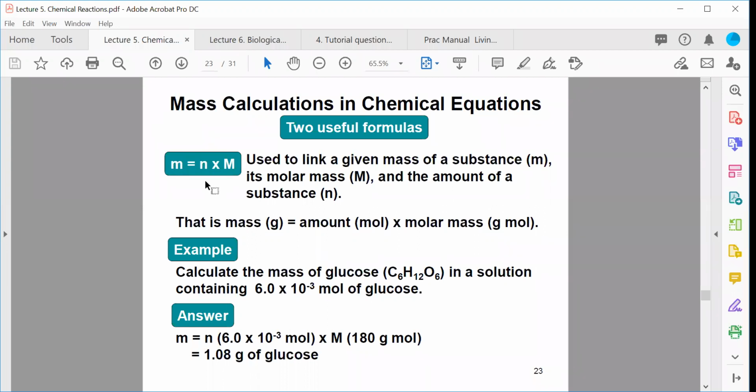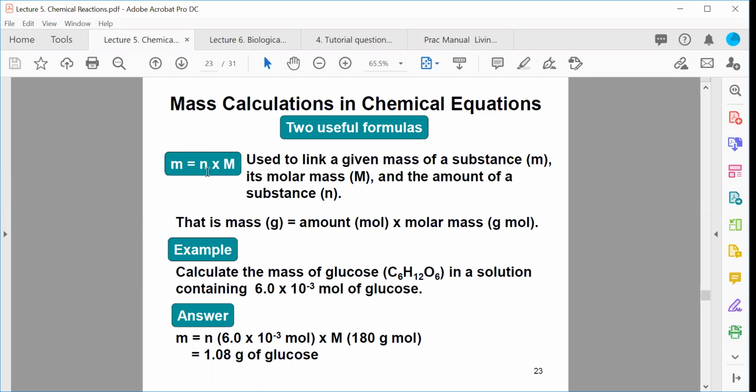All right, so this particular formula, I like to call the molar mass formula, and that's because it incorporates the molar mass, this big M here. So this molar mass formula allows us to link the mass of a substance, this little m, in grams to this little n, which is quite confusing because this little n refers to amount, but amount in moles.